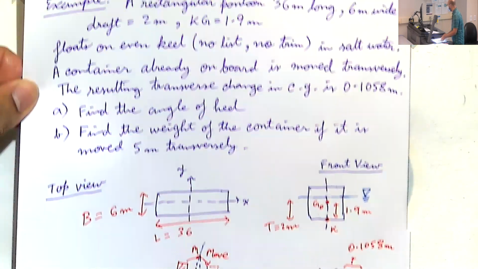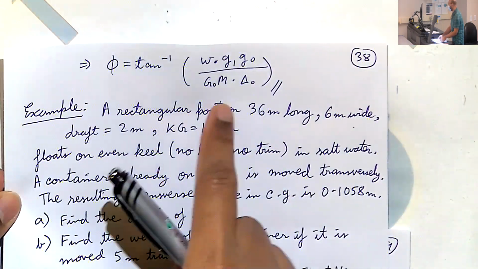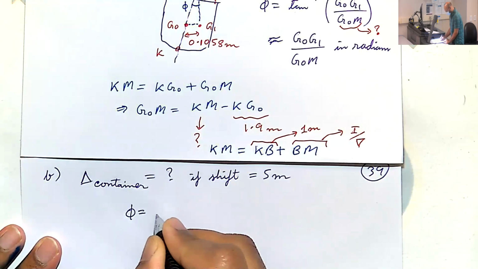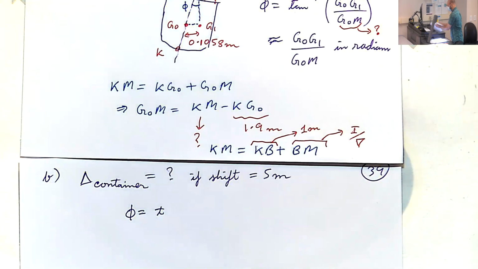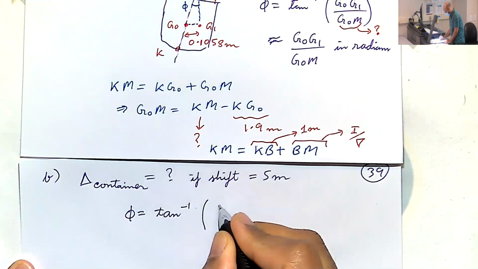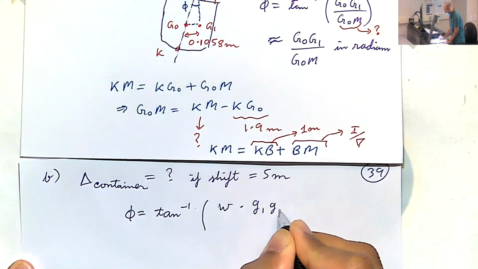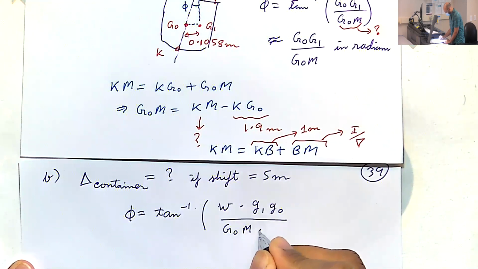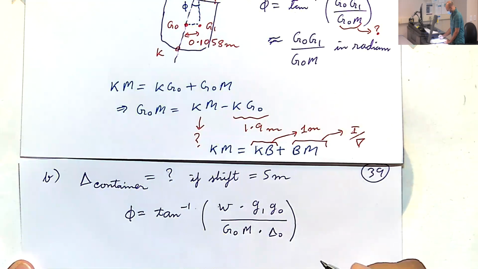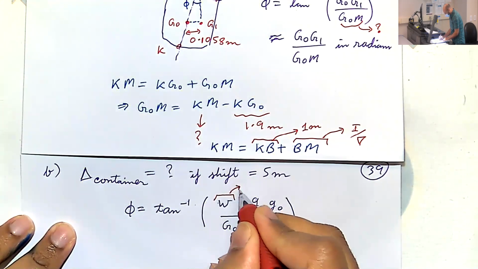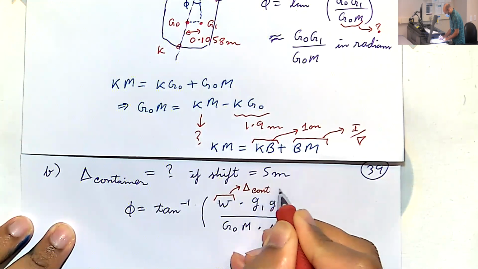So let me rewrite this formula down here: phi is... And this W is what we're asked for, the delta container.